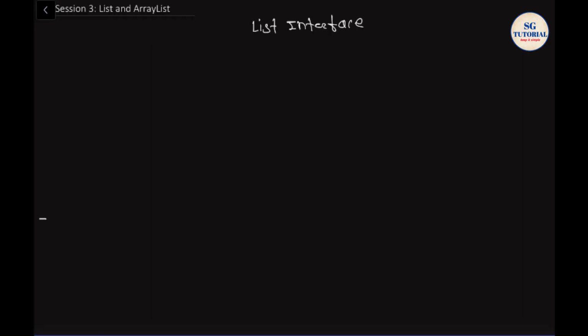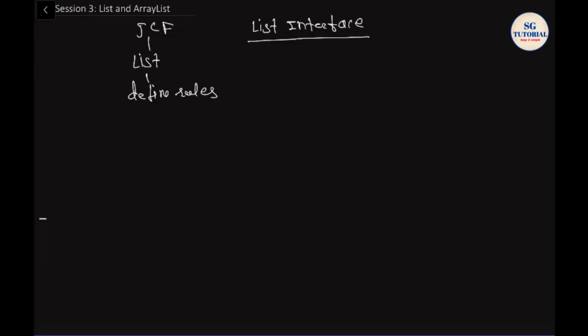So first, let's understand what is a list interface with a real life example. The list interface is part of the Java collection framework which defines rules for storing and managing a list of objects. So in simple words, we can say that the list interface is a contract because it is an interface, right? An interface doesn't provide the implementation.